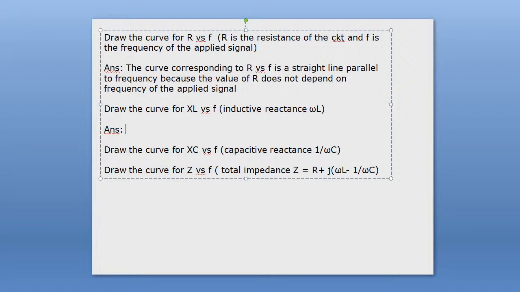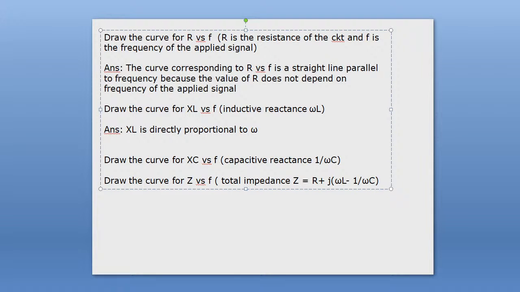You see that XL is directly proportional to omega, directly proportional to frequency. And this looks like a straight line equation, y equal to mx plus c, with c equal to 0 for this case. So XL is directly proportional to omega.